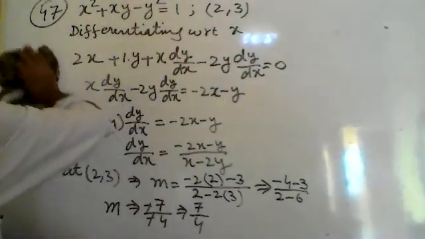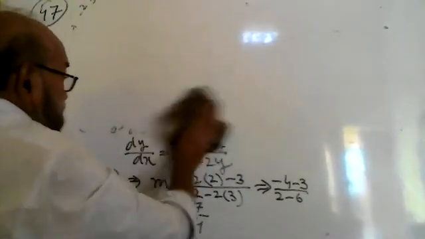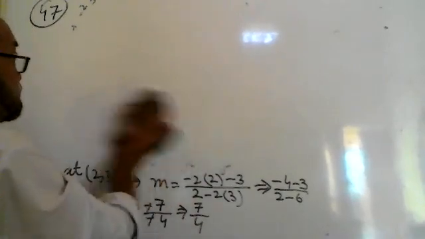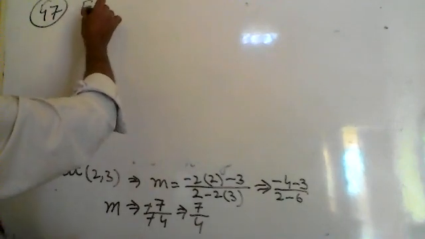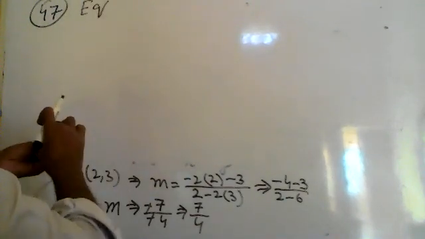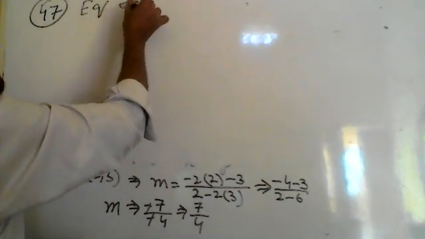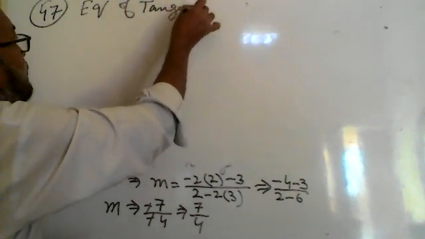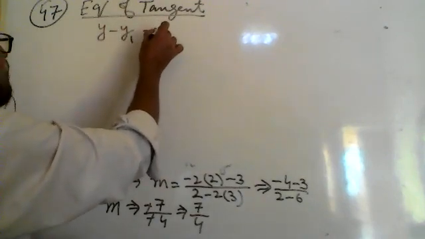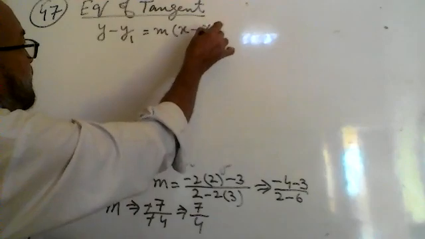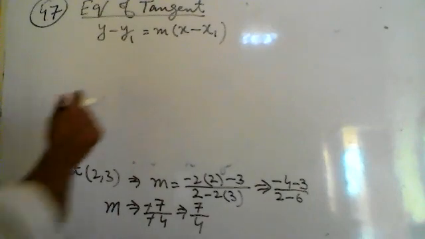Equation of the tangent: y minus y1 is equal to m into x minus x1.